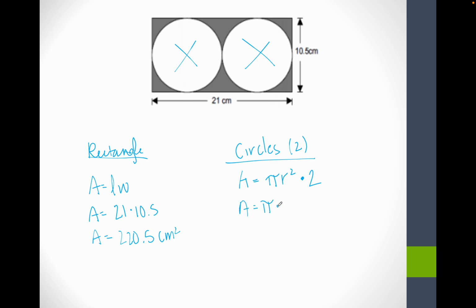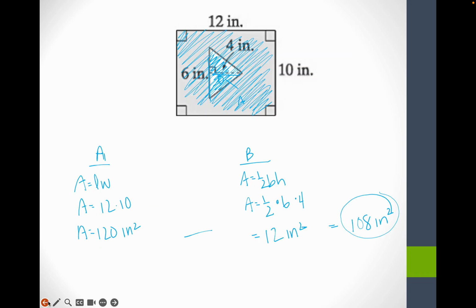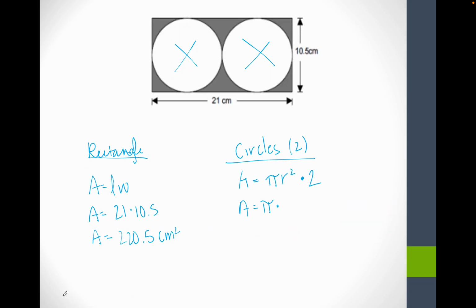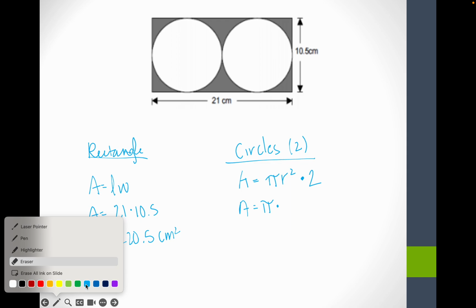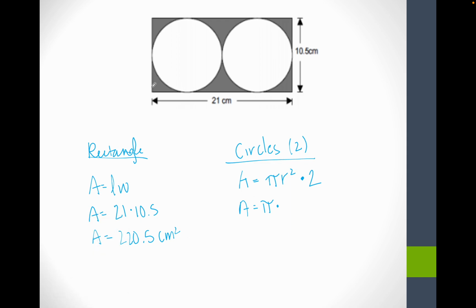Okay, so our radius here, let's figure this out. Radius is halfway across one of the circles. Let me erase these x's so I can draw in my circle. We know that the distance all the way across the whole rectangle, which goes across both circles, is 21 centimeters.